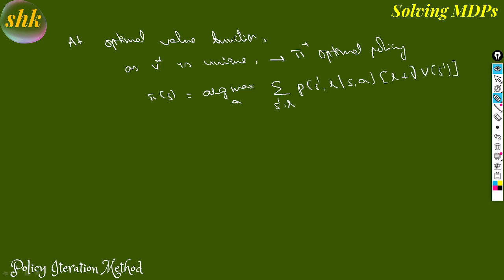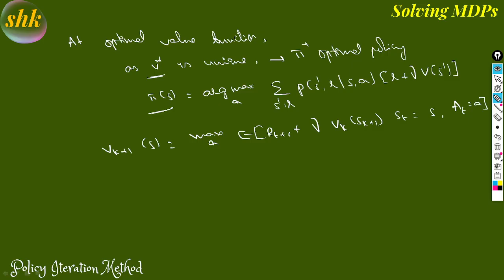So the policy improvement will be done only once. Once we obtain v star, only then are we going to evaluate this policy. The Bellman optimality equation for the value function is given as v of k plus 1 of s equivalent to the maximum over actions of the expected value of r t plus 1 plus gamma times vk of s t plus 1, where s t is equivalent to the particular state s and action a t is equivalent to the particular action a.